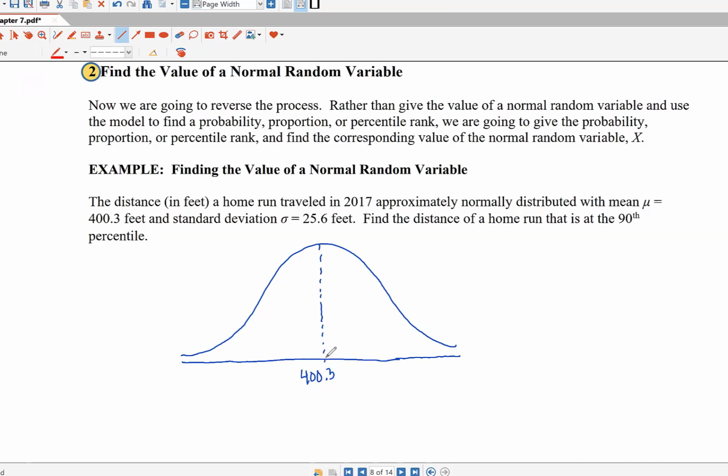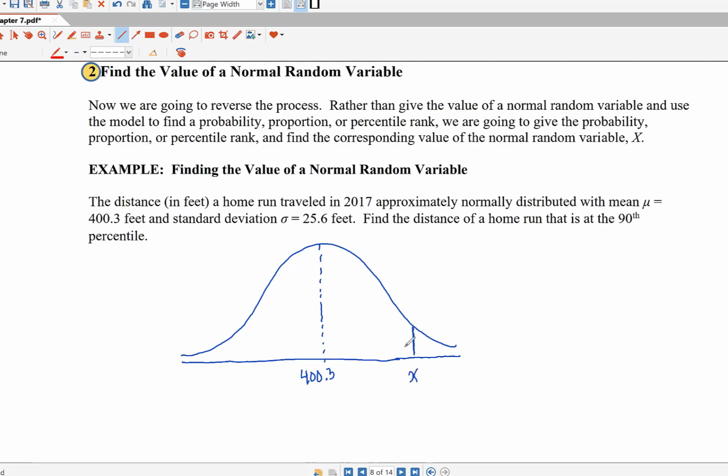Because that's the definition of a percentile. If you are at the 90th percentile, that means your particular observation is greater than 90% of all other values. You can only go to 99, that's true. So you always look to the area to the left with a percentile, because if you're at the 90th percentile, you're somewhere right around here.